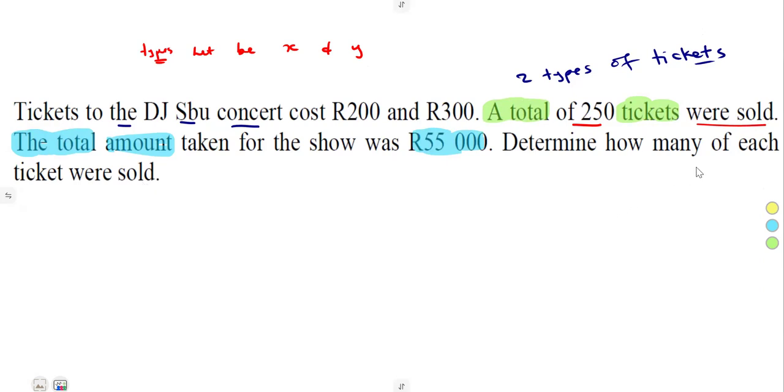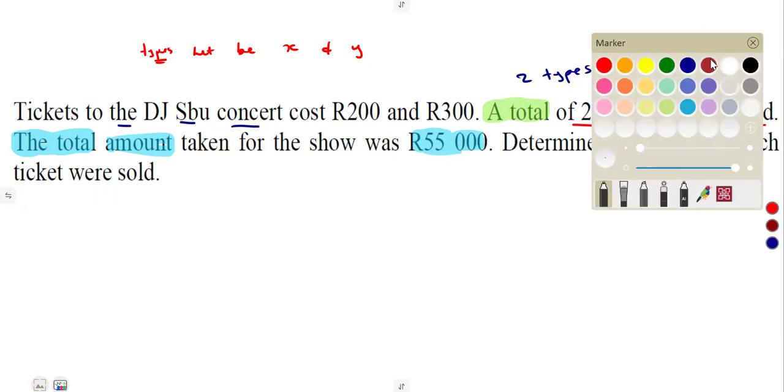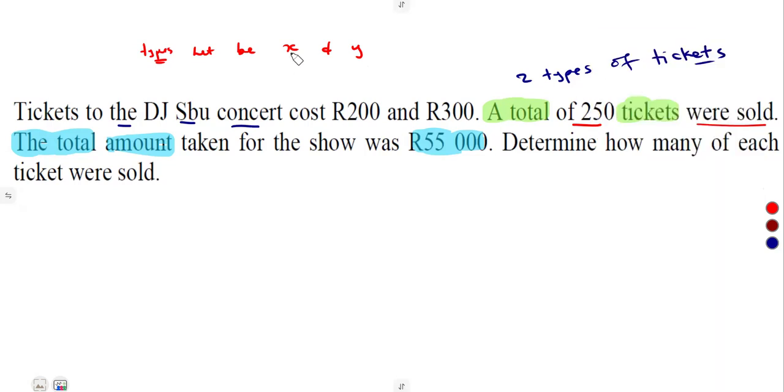Determine how many of each ticket were sold. So we want to know how many X tickets, because these are two types, X and Y. How many X tickets? How many Y tickets? How many of each ticket were sold? They are two different, remember.